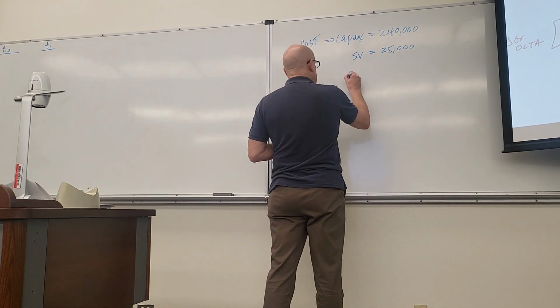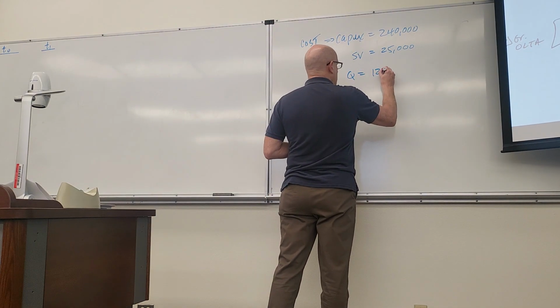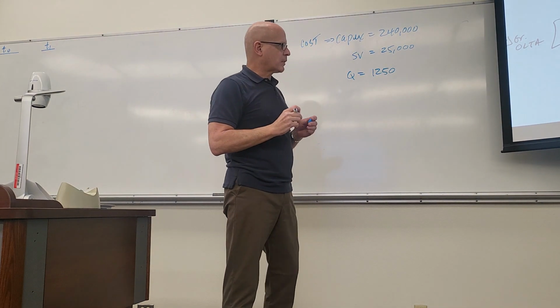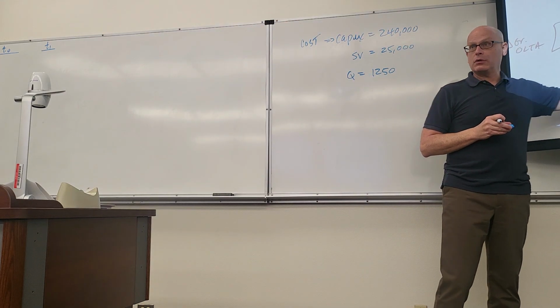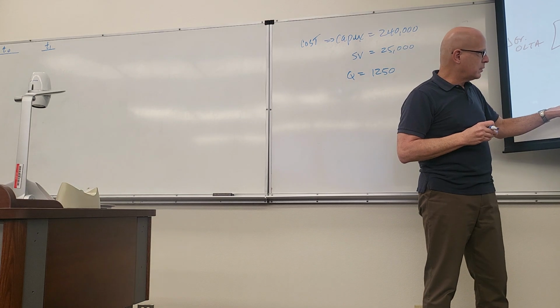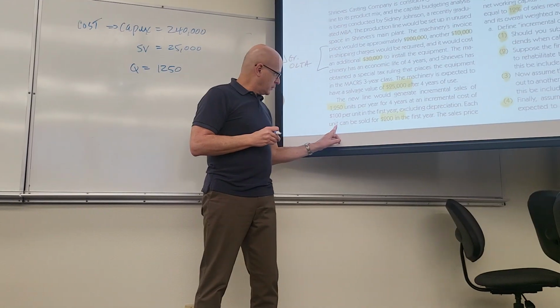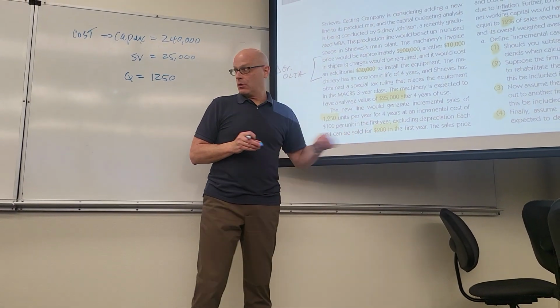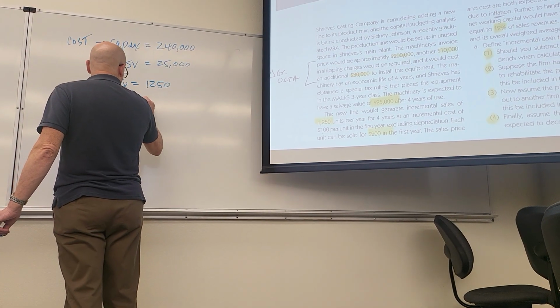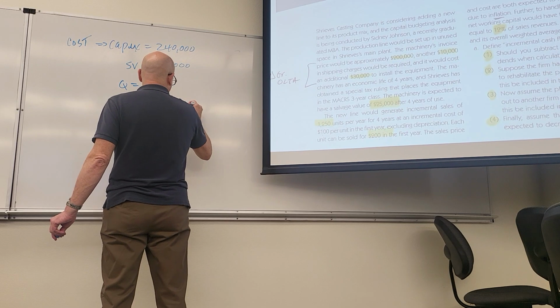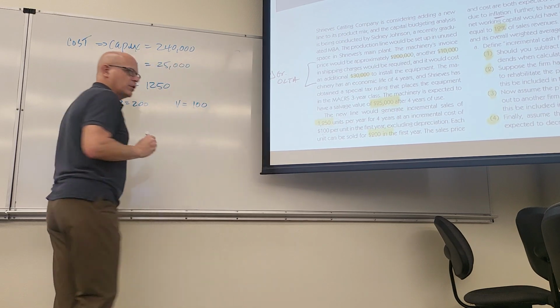So they gave me Q, 1,250, at a variable cost per unit of 100, and sold at a price of 200. So my price, 200, and my variable cost, 100.